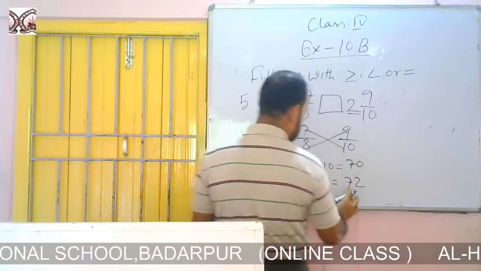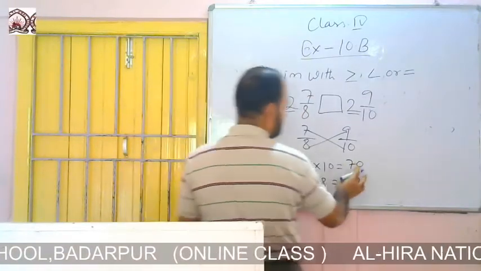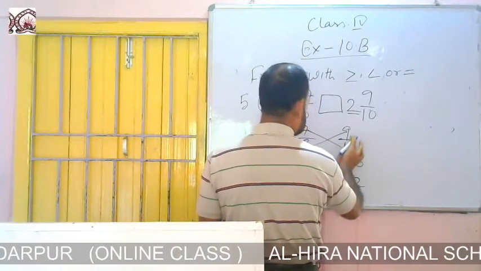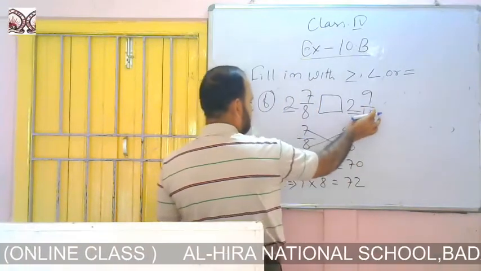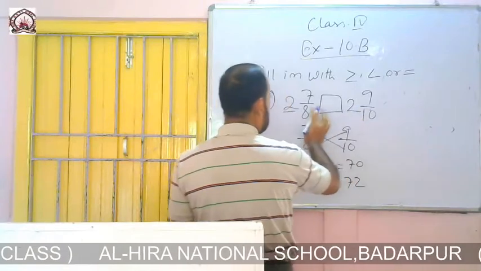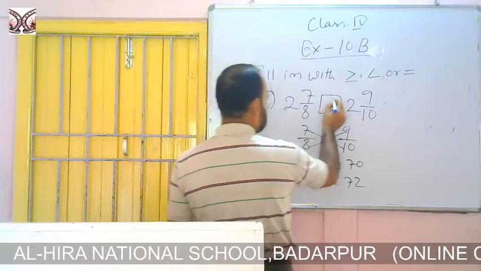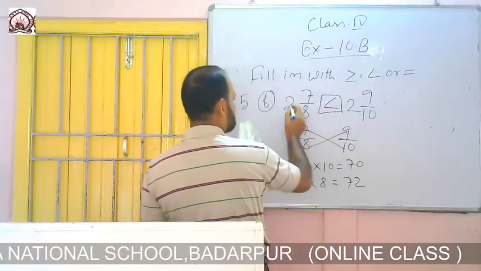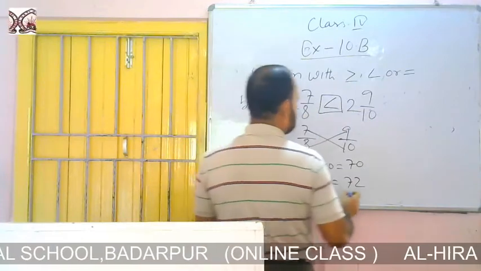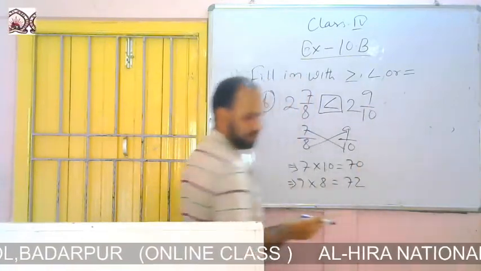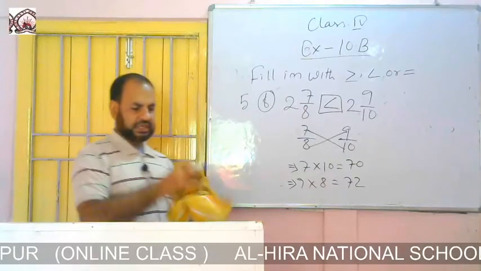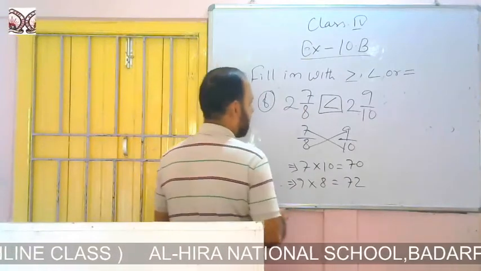So 72 is greater than 70, so this fraction is greater than this fraction. We write here less than, because 2 7 by 8 is less than 2 9 by 10.